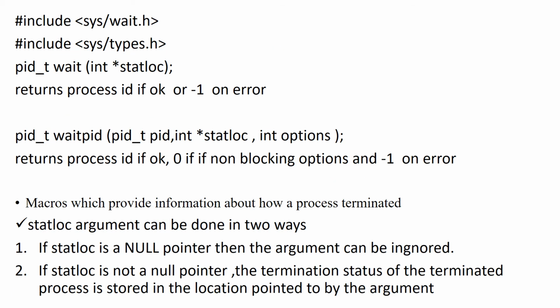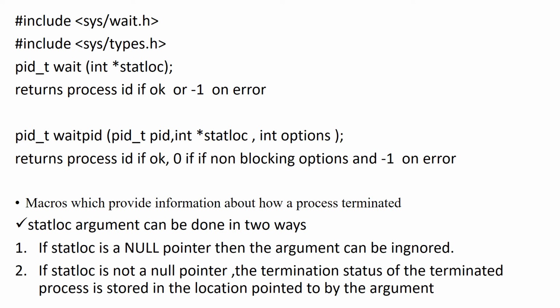This slide shows the prototypes of the wait function and the waitpid function. The wait function has an integer return value. If it returns the process ID, it is okay. Otherwise it returns -1, and that shows there is an error in the wait function.